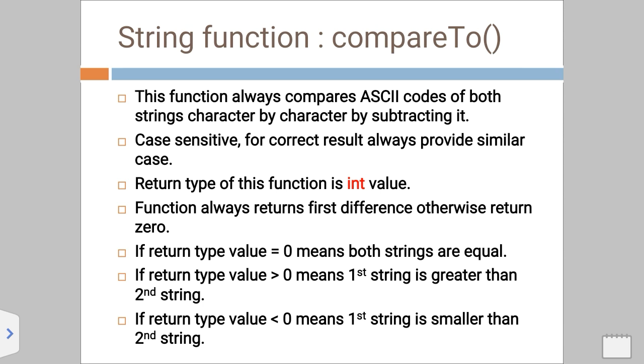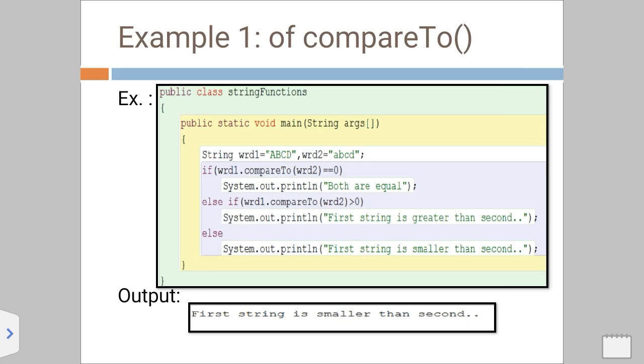See how. If I am taking an example of A, B, C, D, first one is in capital letters, another one is in small letters. I have told you earlier, this function is also case sensitive. WRD1 dot compare to WRD2 equals to 0. What this function provides us, we have to see. When are we getting 0?